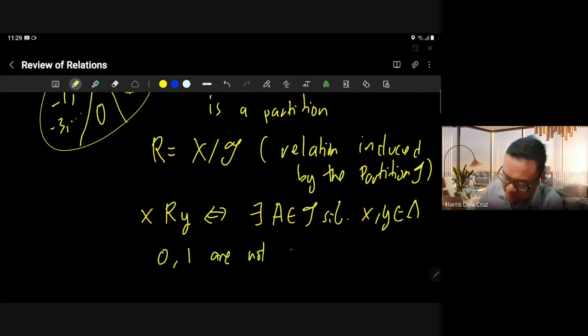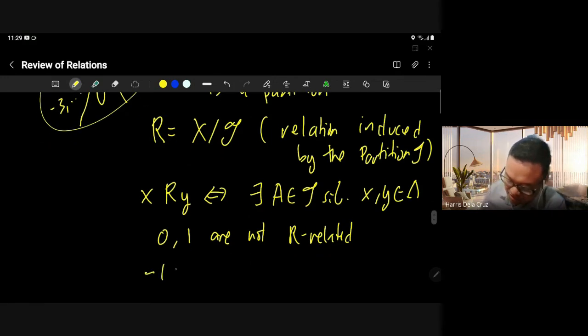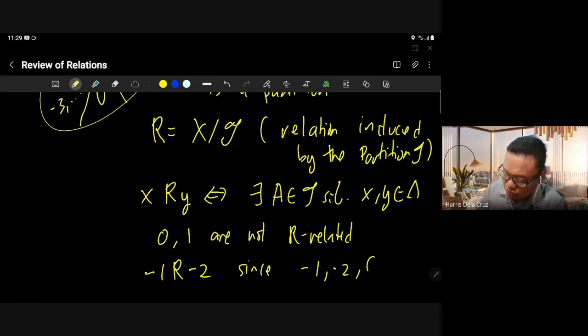are not related. Bakit? Because they do not belong to the same set. Pero ang negative 1 is related to negative 2. Since negative 1 and negative 2 belongs to the same set, which is Z minus.